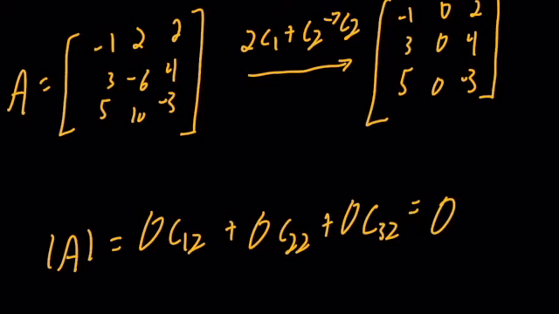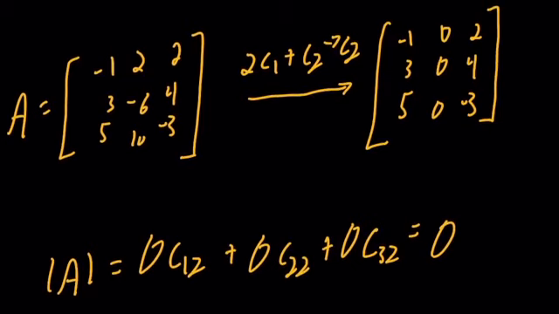Again, you may have to go back a few videos and look at minors and cofactors. But what I'm simply doing here is grabbing each entry within the second column.